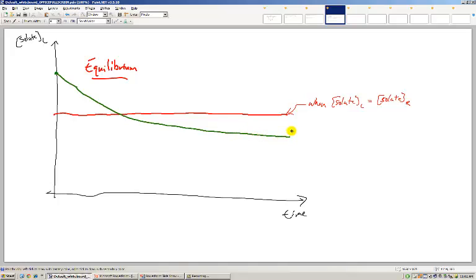And depending on concentration on the right, eventually it will start to level off and will probably reach equilibrium. But initially you're not at equilibrium. Transport is occurring.